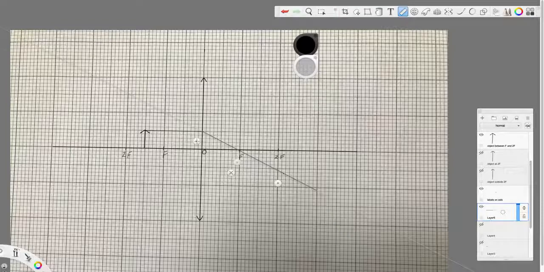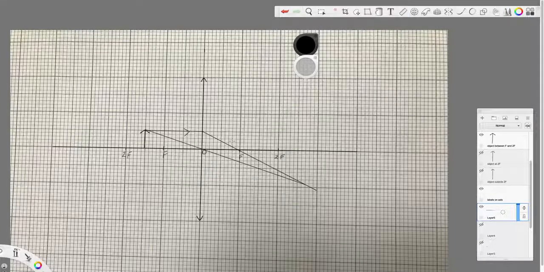We have another ray. This time maybe we'll take it in through the optical center. We took it in through F last time. We'll take it into the optical center this time. Let's try and get in exactly the right place. It's actually easier to do this on paper. So there we go.